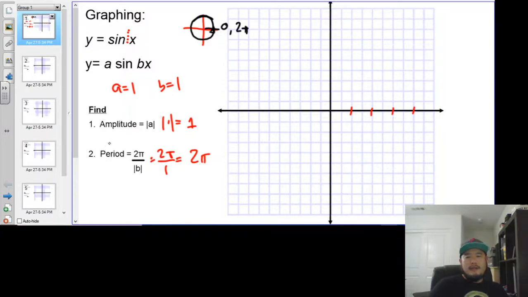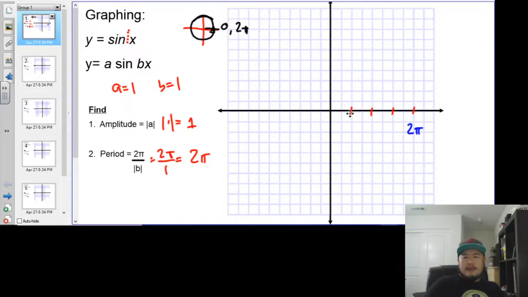Well, if you look right here, our period is 2 pi. So what's going to happen is that our sine curve will start at 0 and go all the way to 2 pi. So I'm going to go ahead and label this 2 pi.